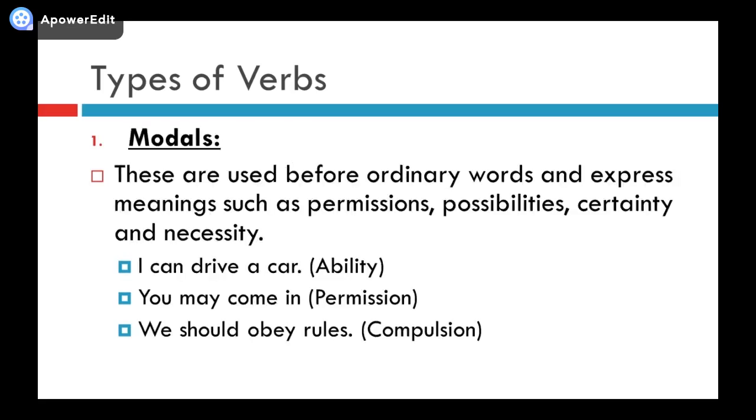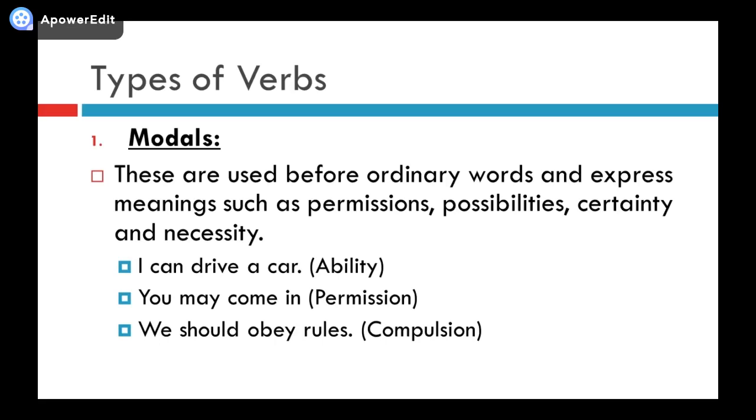Okay. What are modal verbs? Modals are words that express permission, possibility, certainty and necessity. Basically, these verbs are asking for permission or a possibility or a certainty or a necessity. Means what? May I come in? May I have a glass of water? You should do something.